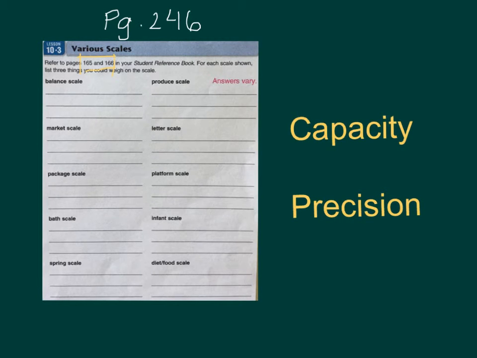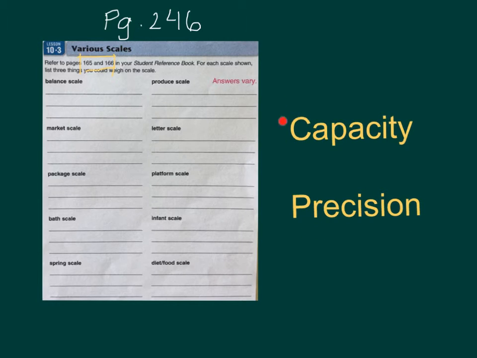On page 246, you're going to notice some different scale types. Your job is going to be to think of some different objects that could be weighed on those scales. You can refer to page 165 and 166 to see what those different scales look like, their capacities, and their precision.